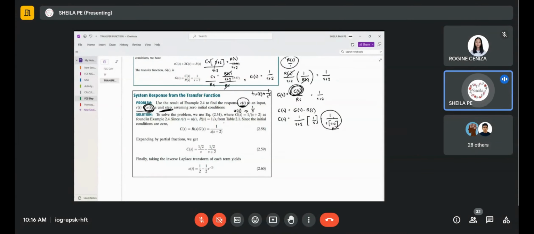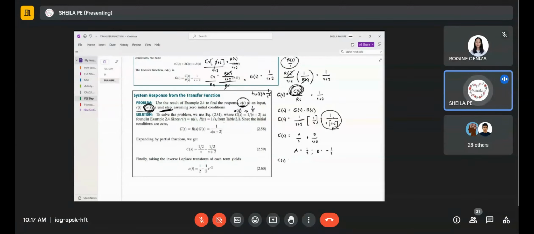In partial fraction decomposition, the form is A over S plus B over S plus 2. After solving, A is 1/2, and our B is negative 1/2.